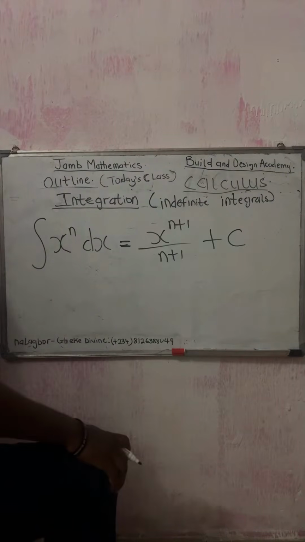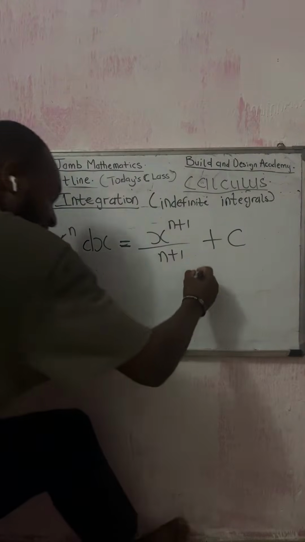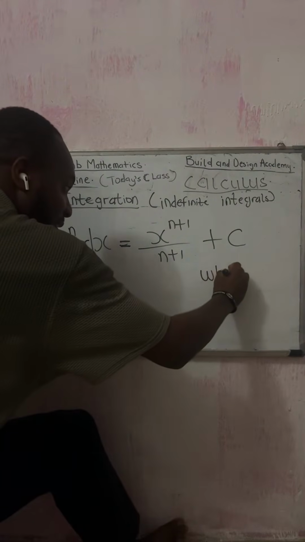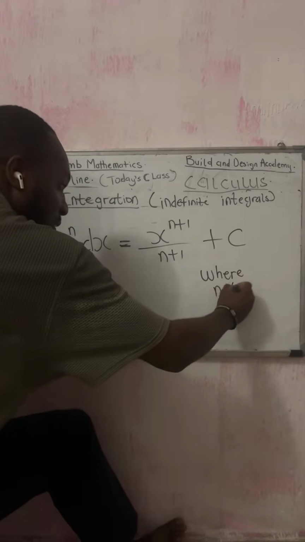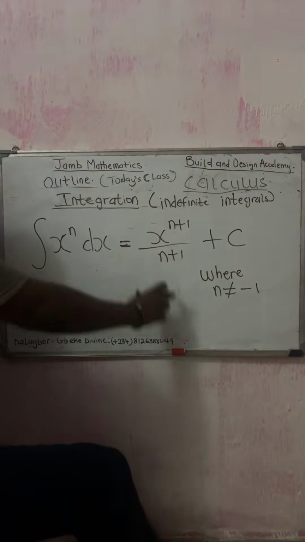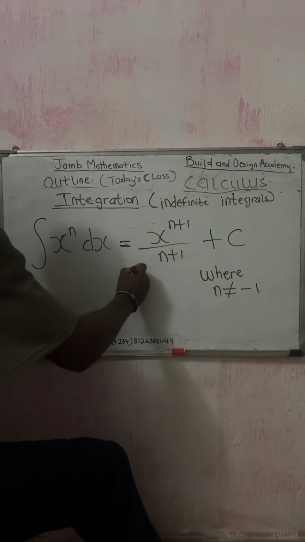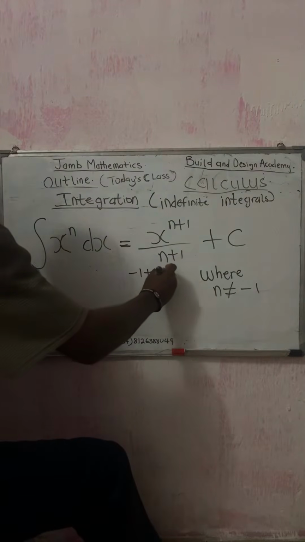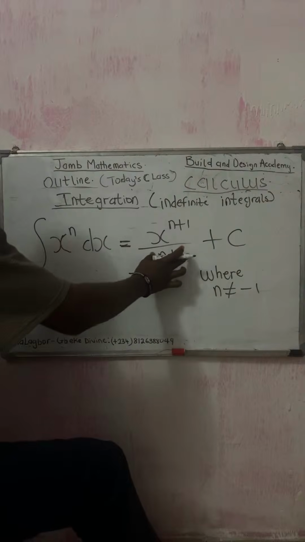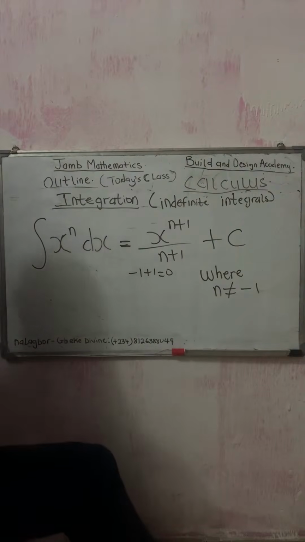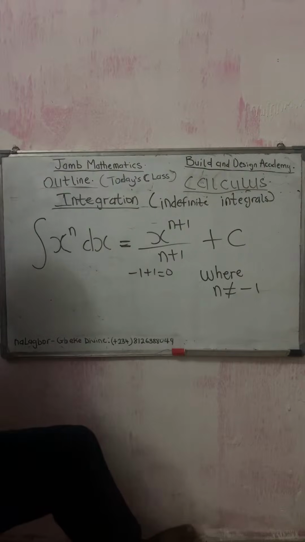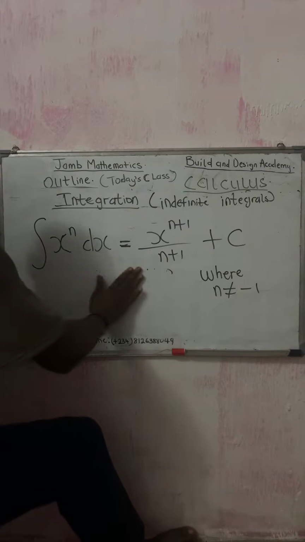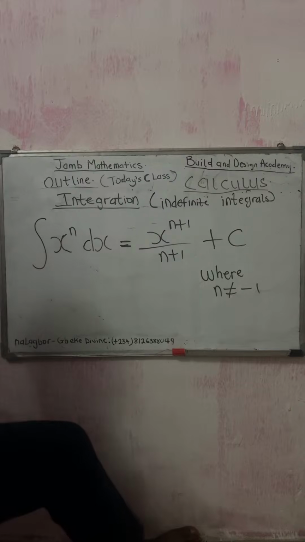And take note, n should never be equal to minus 1. Because if you put n as minus 1, we have minus 1 plus 1, which is 0. So n can never be minus 1. Please take note of that.